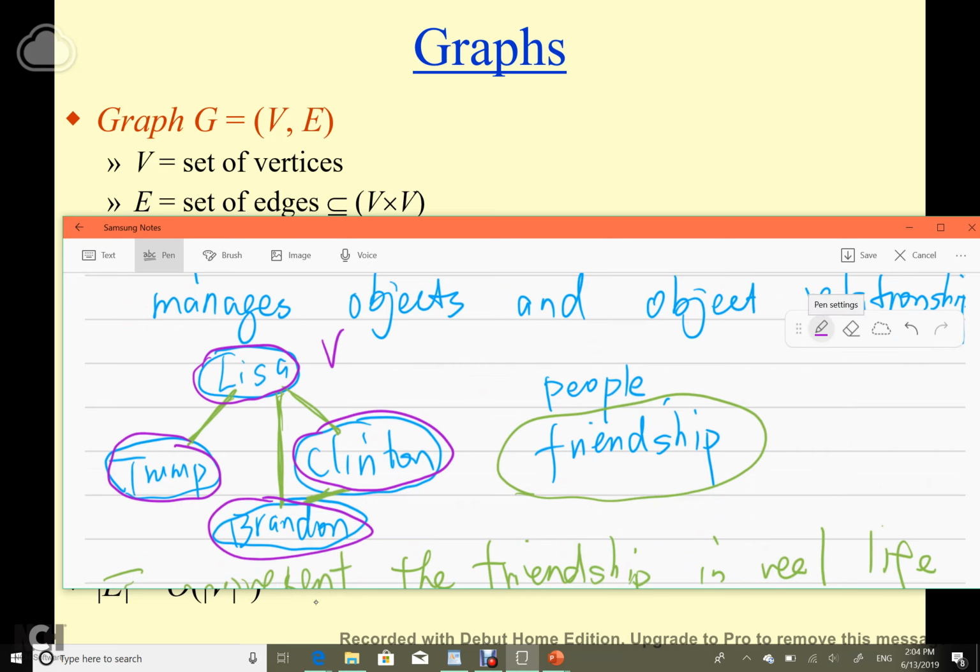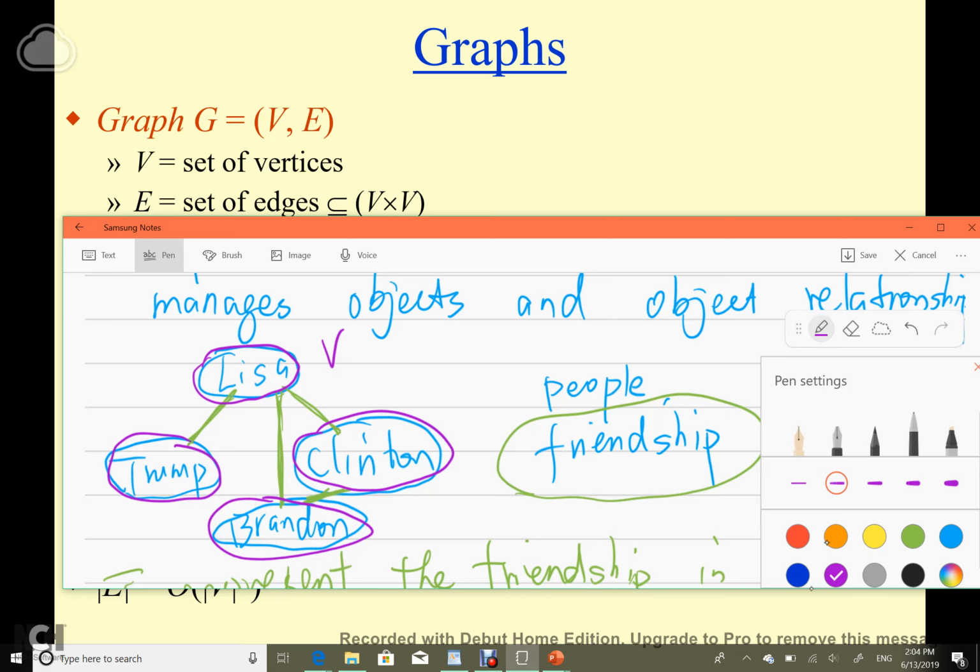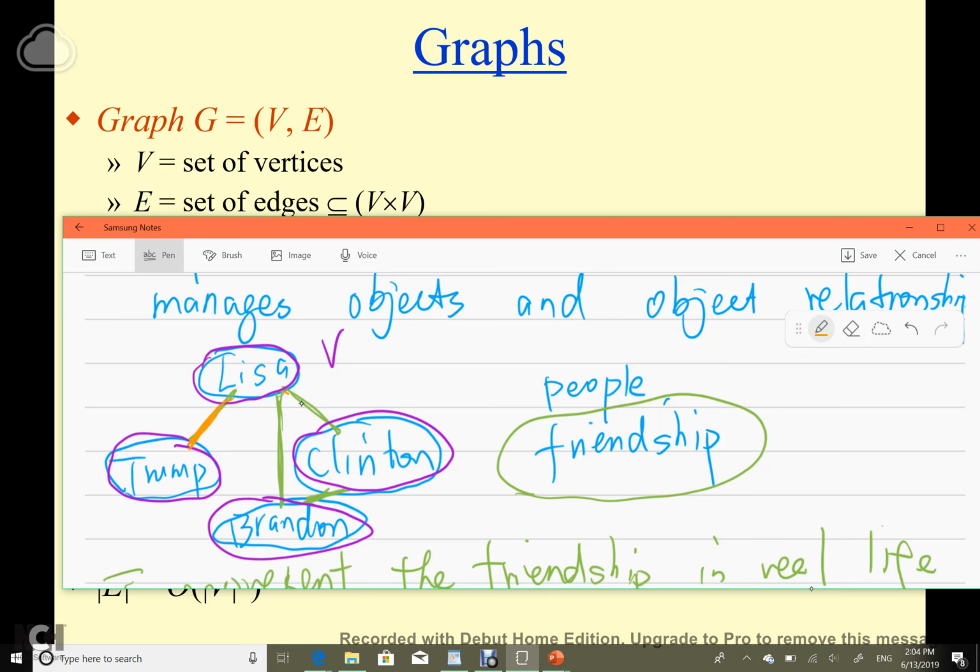The total of this one is V. And then we link different vertices and make it E. E is a set of vertex pairs, right?